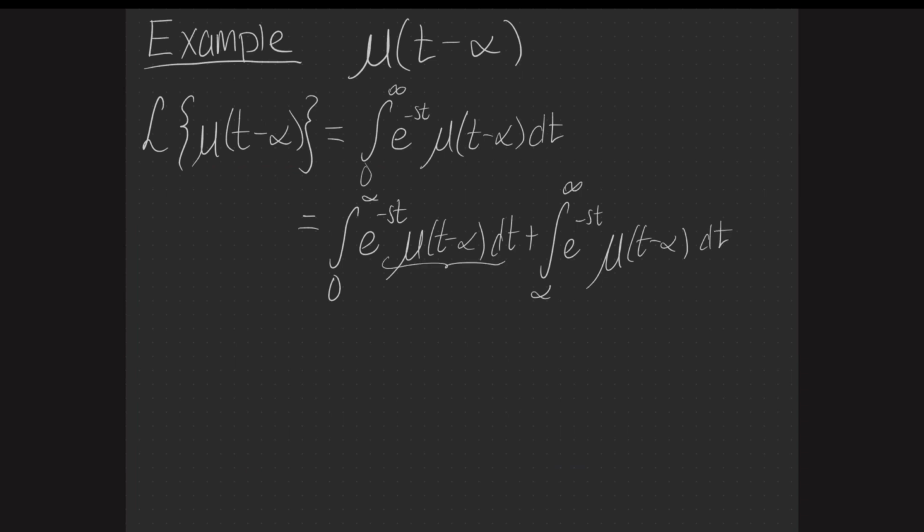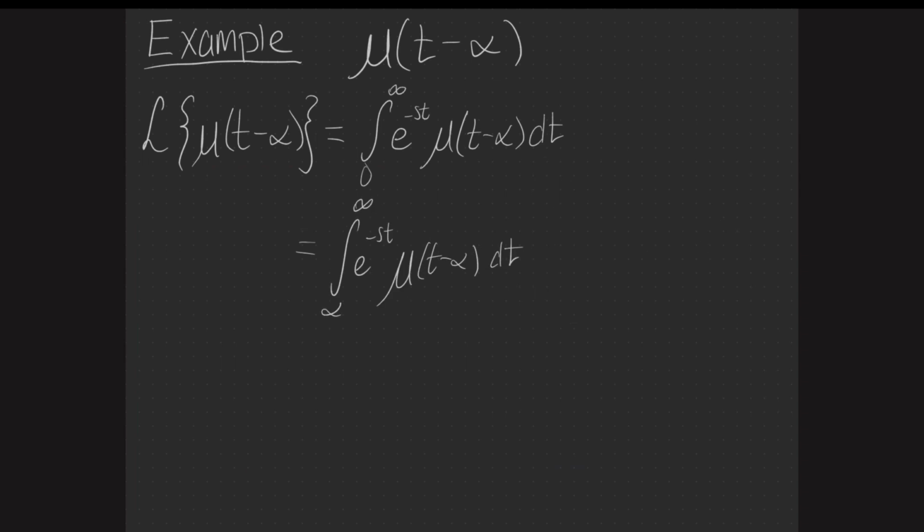Since the step function is just equal to 0 for this portion, we're just going to end up with 0 over here. So now we are just left with this. Since we know from alpha to infinity, the step function is just going to be equal to 1, we could rewrite this as the integral from alpha to infinity of e to the negative st times 1 dt. And that's just the same as the integral from alpha to infinity of e to the negative st dt.